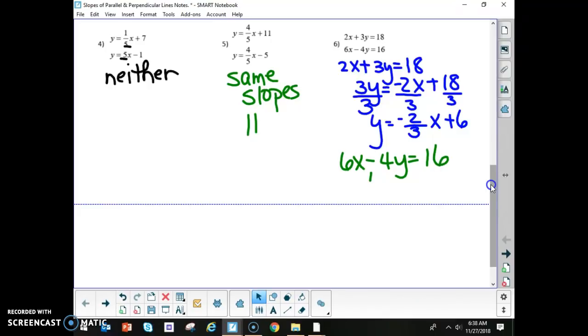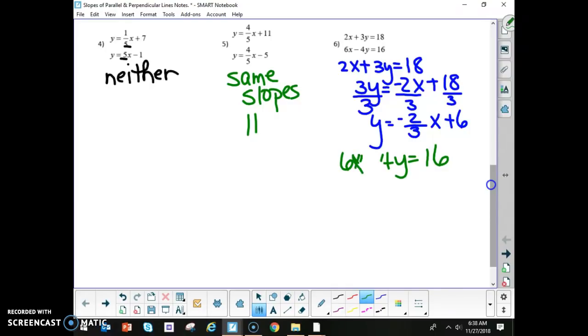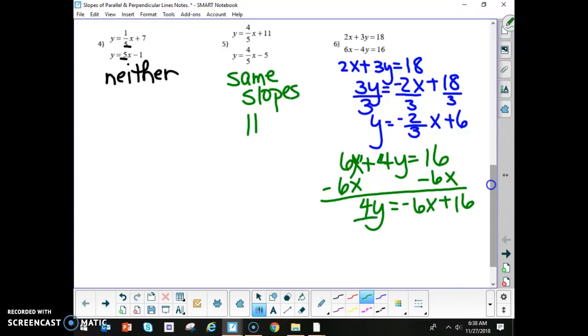So in the second one, 6x minus 4y equals 16. I'm going to subtract 6x from both sides. 4y is equal to -6x plus 16. Divide all of the components by 4. Y is equal to -6/4, which is -3/2 x plus 4.